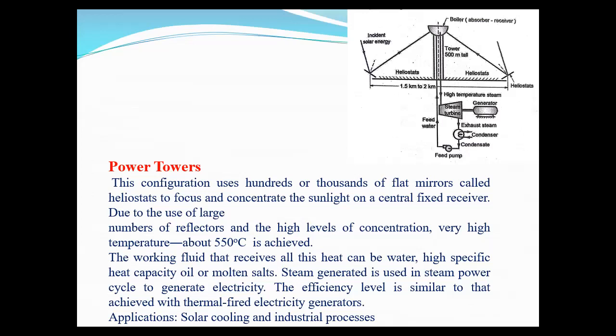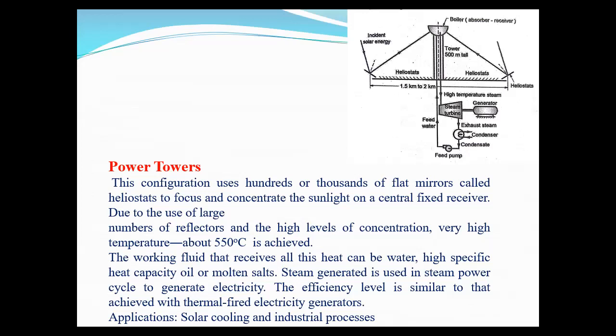But in the central power receiver, the tower is fixed and the receiver is also fixed, it is not moving, but the heliostat is tracking and following the sun and always reflects solar radiation on the receiver.